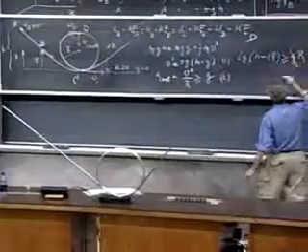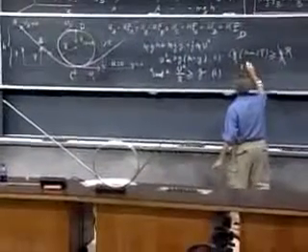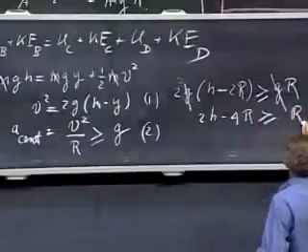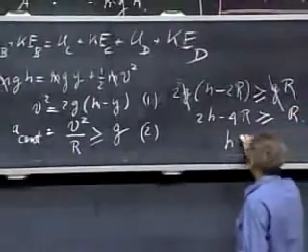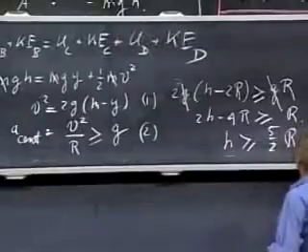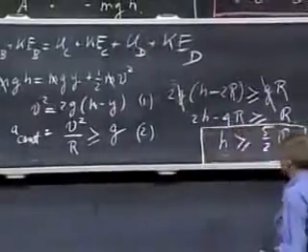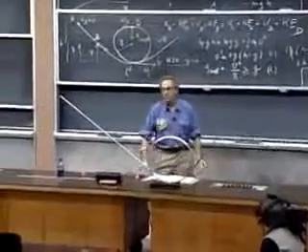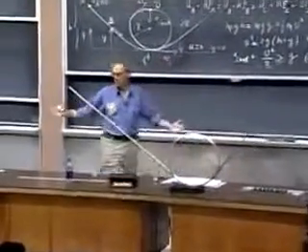I lose my g, so 2h minus 4r must be larger or equal to r, so h must be larger or equal to 2.5r. This is a classic result that almost every person who has taken physics will remember. It is by no means intuitive.